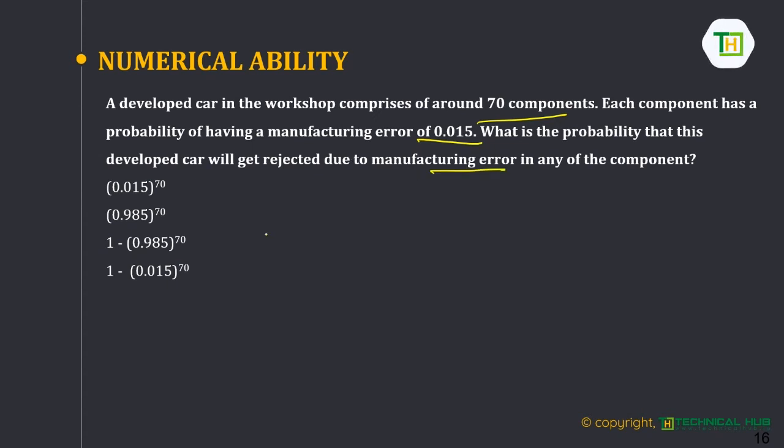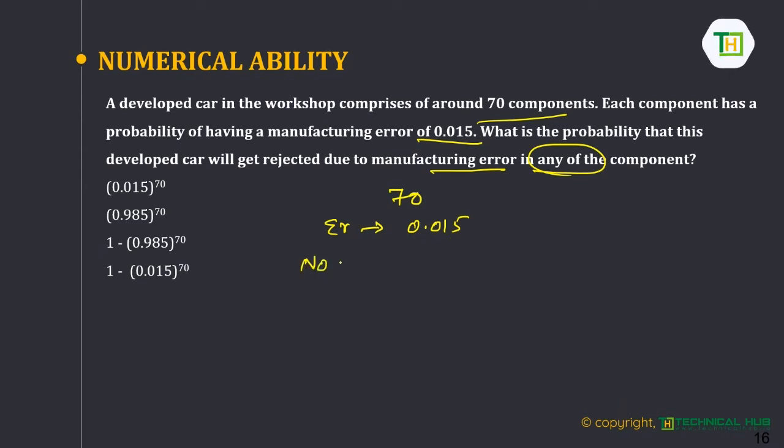See, first of all, the car will be rejected due to manufacturing error in any of the components. Here in total we are having 70 components, and the probability of manufacturing error is 0.015. Error in any of the components is 0.015.